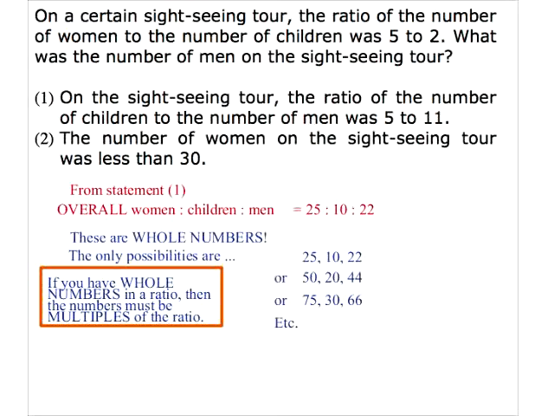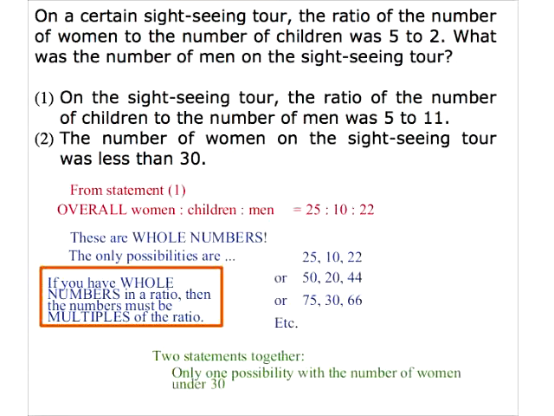So when you take the 2 statements together, this is the secret, they're going to be sufficient together because there's only one possibility with the number of women under 30, and that's this one. So that means that you actually have to have literally 25 women, 10 children, and 22 men.